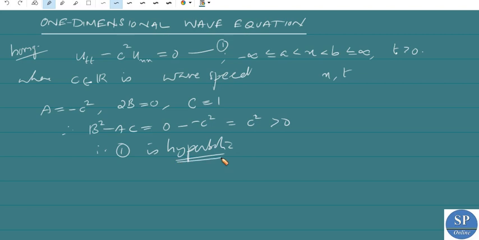Now to find the solution of this wave equation, first we convert it into canonical form.